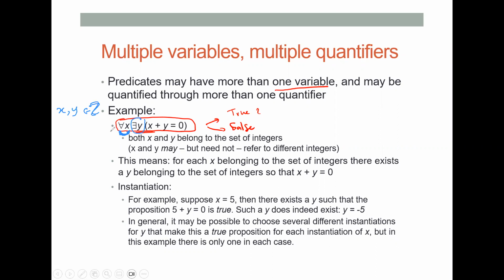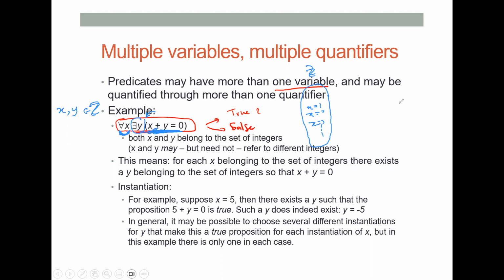So for all integers, there exists a value Y where X plus Y satisfies this equation, X plus Y equals 0. Is it true or false? So for all X, if X is 1, if X is 2, if X is 3, and so on, I'm gonna check for all values of integers whether there exists a value Y that satisfies the condition or not.